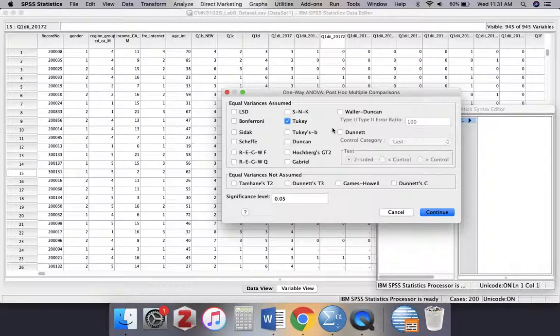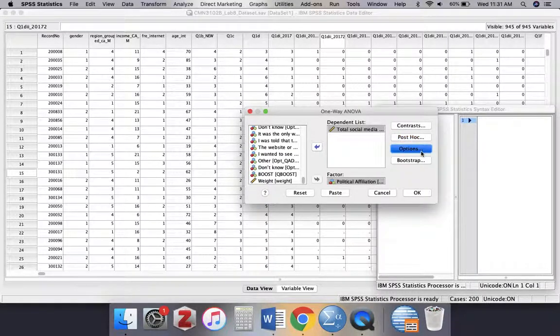In terms of if our variances are not equal, we would use the Games-Howell here, which does a correction for having unequal variances, and it's a very conservative test.